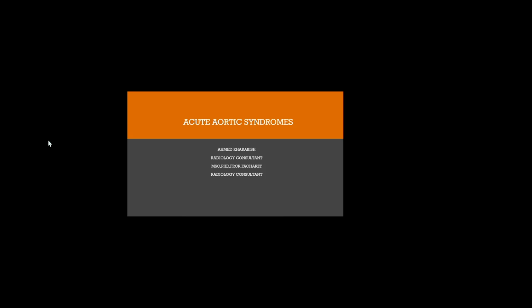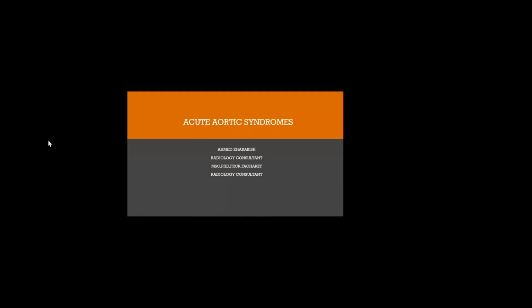Today's topic is the imaging of acute aortic syndromes from the radiology perspective. When it comes to acute aortic syndrome, the main focus is CT, which plays the main role in imaging of acute aortic syndromes.